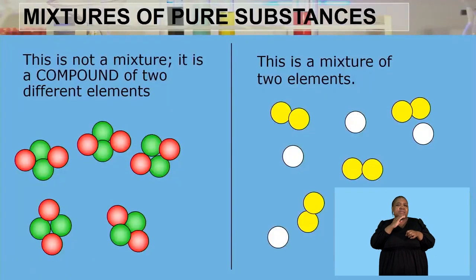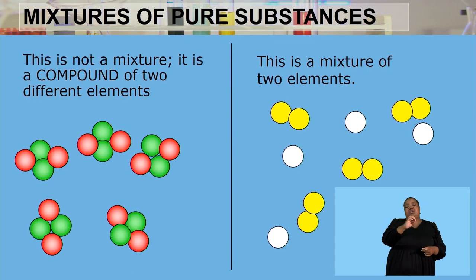Right. Let's see if you see what I'm talking about and you know what I'm talking about. Now the pictures that I have here are both of a compound and of a mixture. This picture that I have here, it is not a mixture. It is a picture of a compound, because we have two elements that are chemically bonded. So we have this element, the green element, bonded together to the red element.